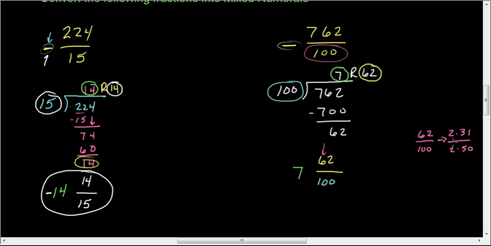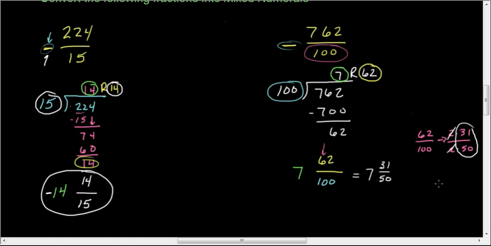And I have 2's here that are both factors. I can cancel 1 for 1, top and bottom. What's left is 50 and 31, which share no common factor, and so therefore I'm done. So 7 and 62 100ths is the same as 7 and 31 50ths.